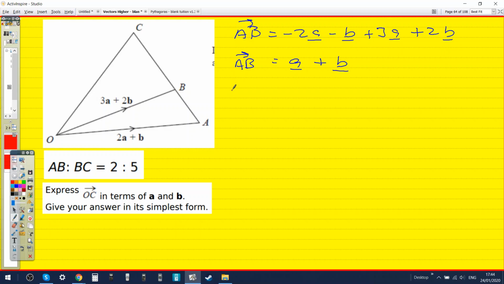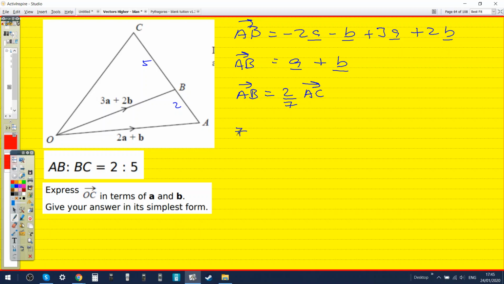AB is 2/5 AC. Not fifths, 2/7, sorry. So do we have to do times 7 over 2 to get AC?